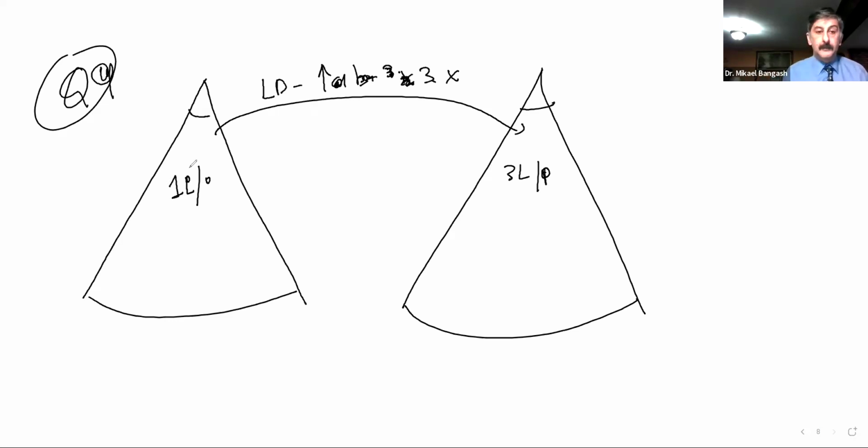Here it just means an increase in the line density. Does that increase the frame rate? Does this one have a greater frame rate? No. As a matter of fact, we will have a lower frame rate.